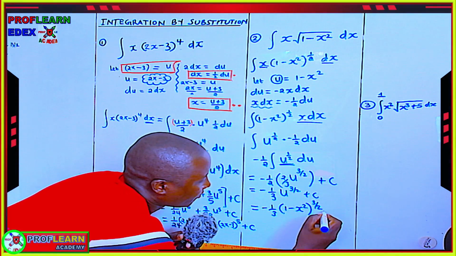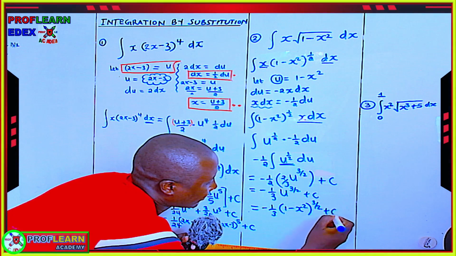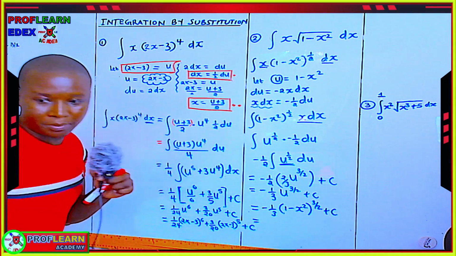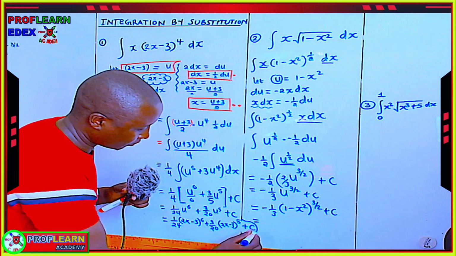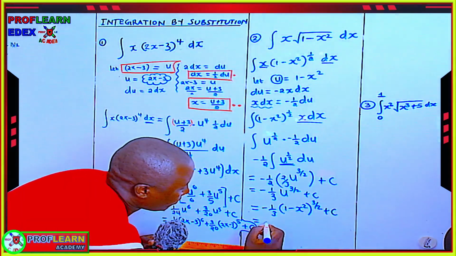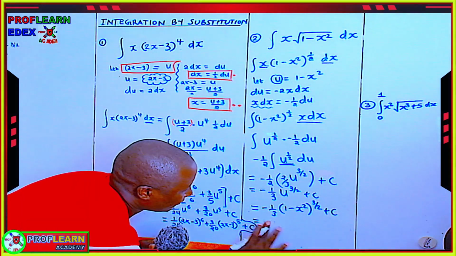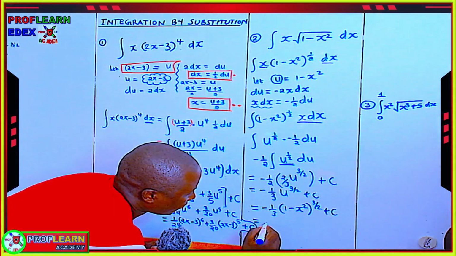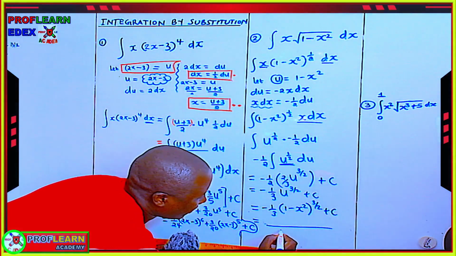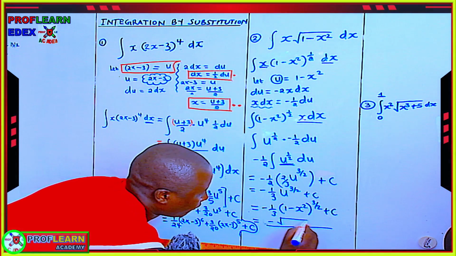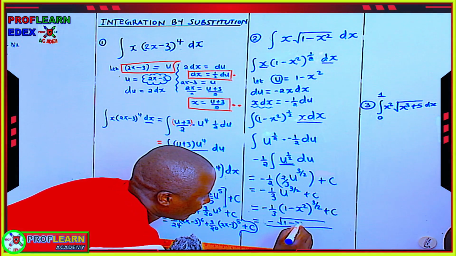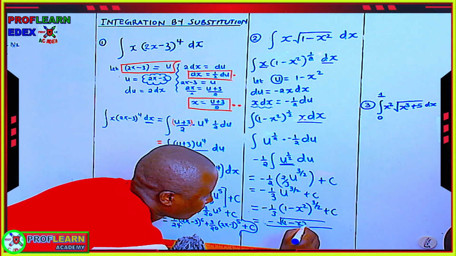So substituting here, when we substitute this, we're going to have 2 over 9 into 6 raised to power 3 over 2 minus 2 over 9 into 5 raised to power 3 over 2.